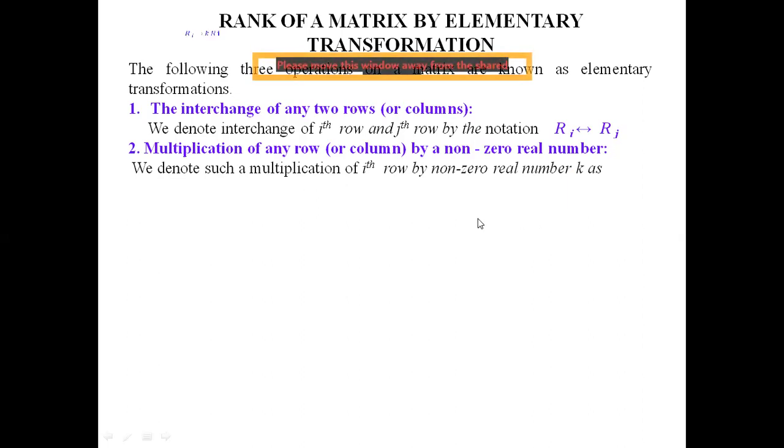Then we denote this by R i with an arrow, meaning R i is replaced by k times R i. Suppose you multiply the third row by 3, meaning every element of the third row is multiplied by 3. Then the operation is written as R3 is replaced by 3 times R3. So this is another operation.